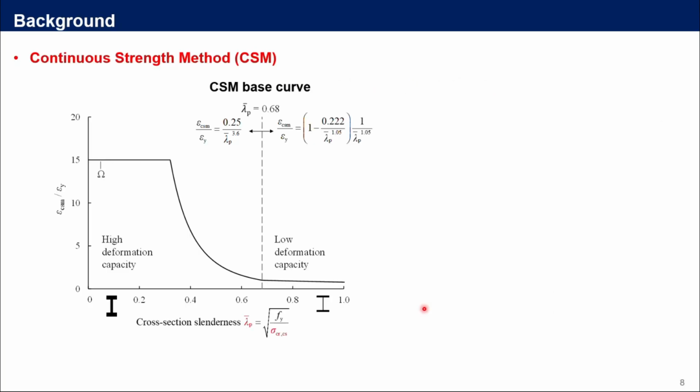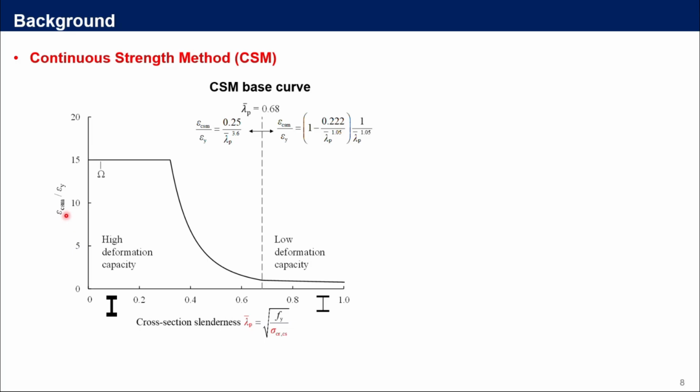So to overcome the limitations of the traditional cross-section classification concept, recently the continuous strength method, CSM, was developed as an alternative. This is a deformation-based approach. The CSM base curve defines the maximum strain that a cross-section can experience prior to its failure. So stocky cross-sections have higher strain limits, and the determined CSM strain limits for slender cross-sections are relatively lower.